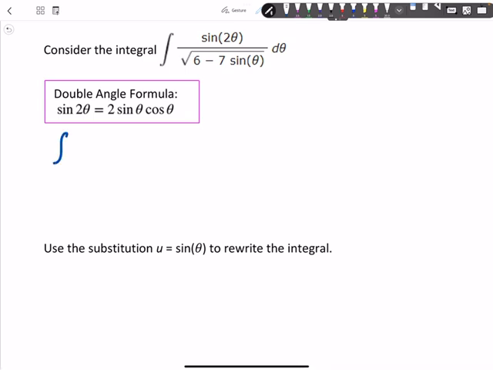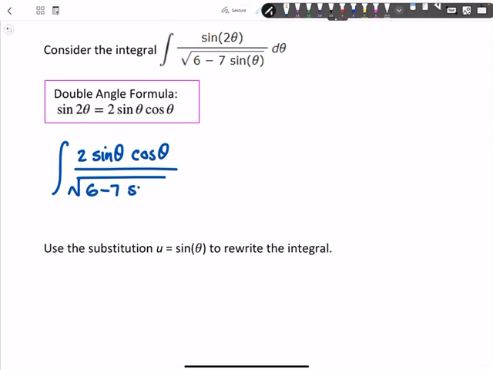The integral of, so this will be 2 times sine theta cosine theta divided by the square root of 6 minus 7 times sine theta d theta.